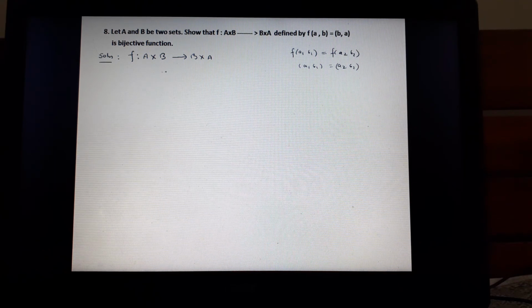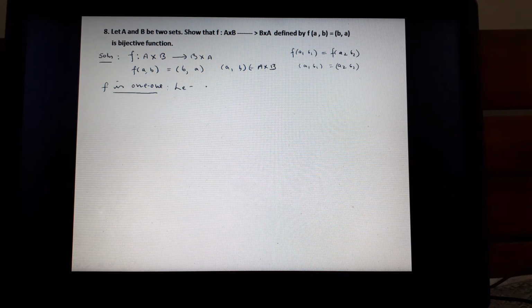So first, let us say this is defined by f of (a, b). If you take any ordered pair (a, b) here, that is the element, this will go to (b, a). That means what it does is it reverses: the first element becomes the second and the second becomes the first. That is (a, b) belonging to A cross B. Now first we will prove f is 1-1.